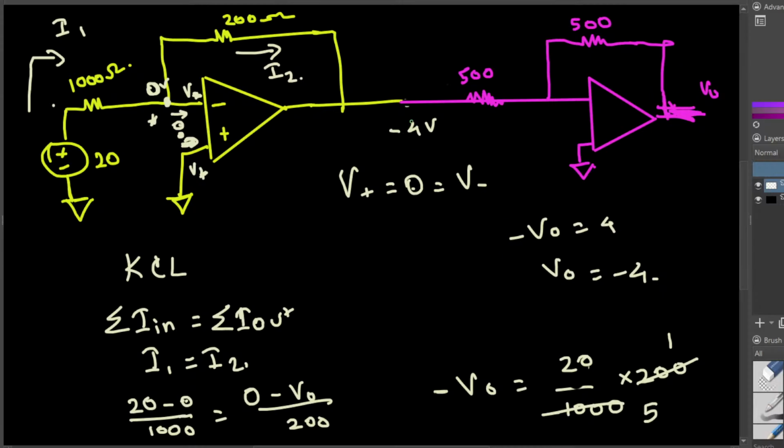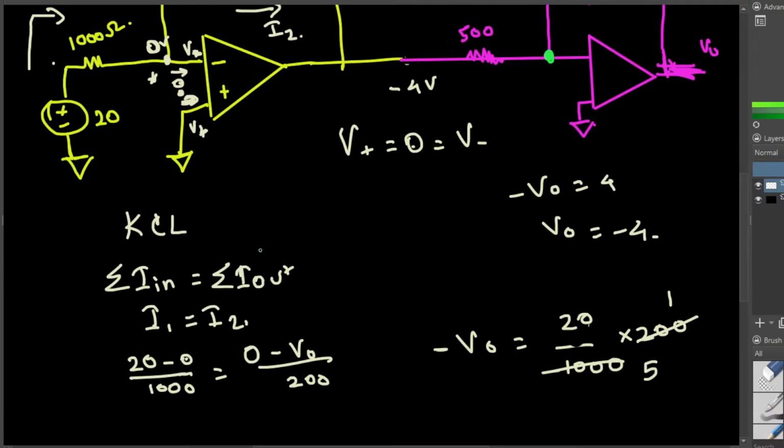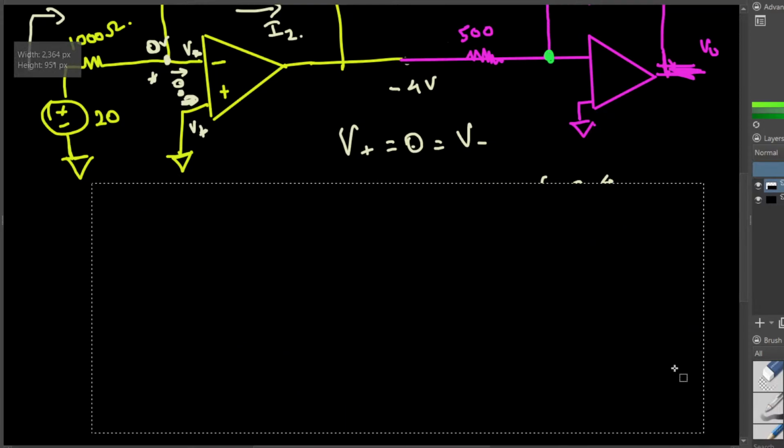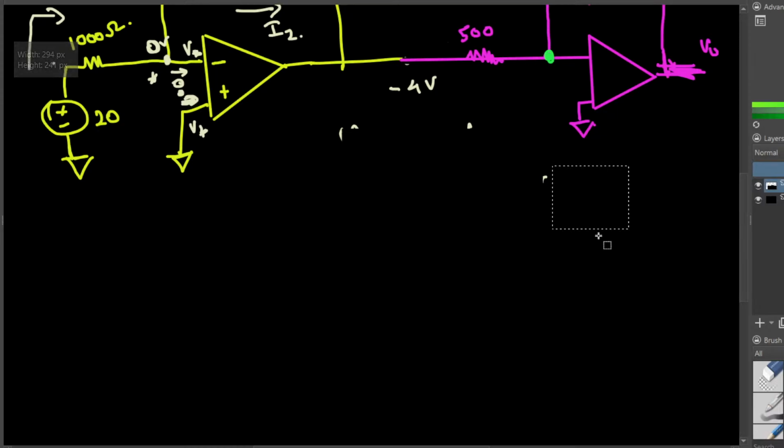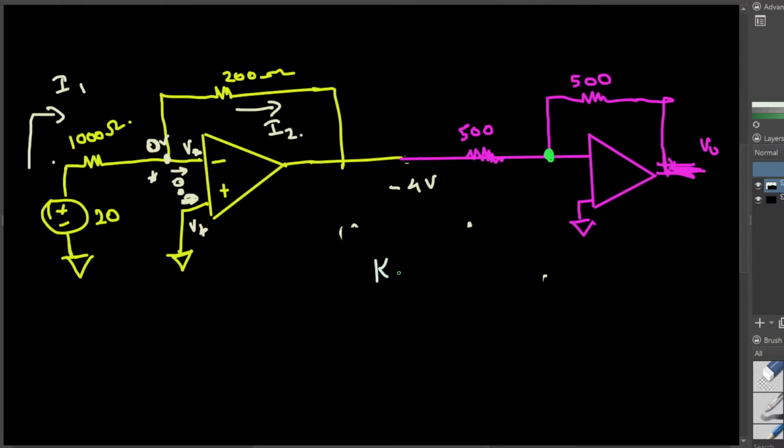So this is minus voltage, right? Let's take this node and apply KCL. KCL says the summation of current in is equal to the summation of current out.